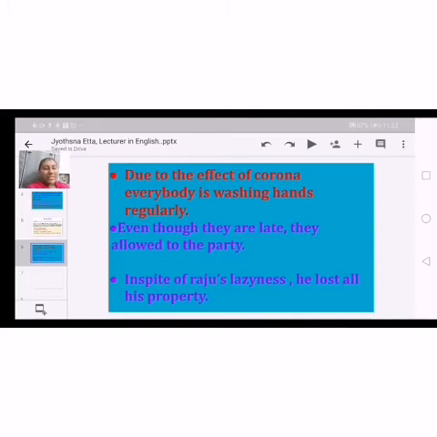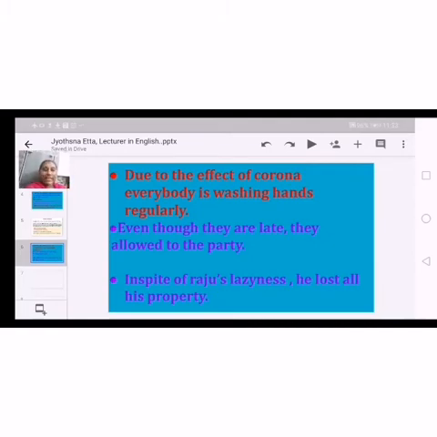Due to the effect of corona. So with the effect of that virus, everybody is washing their hands regularly. So here, due to the effect of corona is a subordinate clause, and everybody is washing hands regularly is a main clause. And "due to" is a connector, a conjunction there.